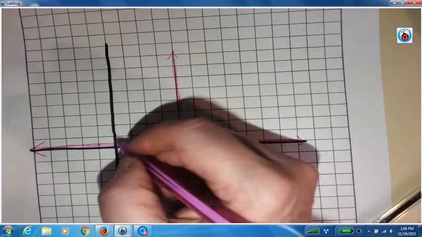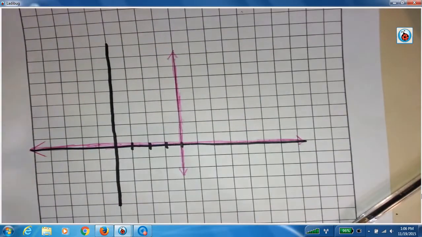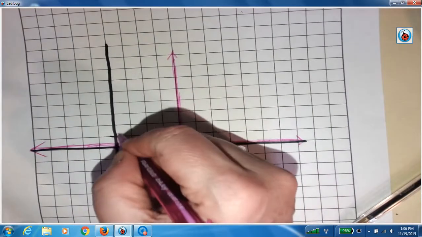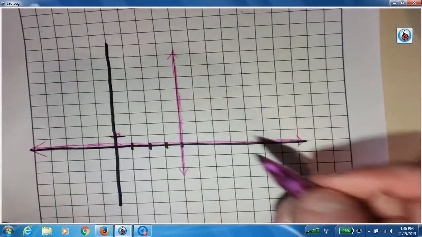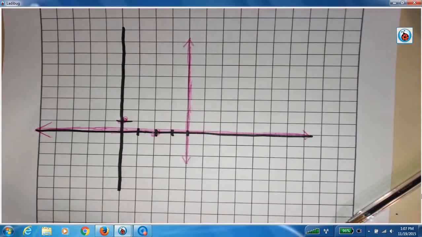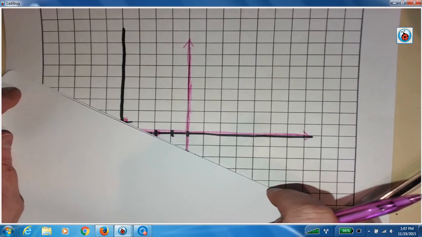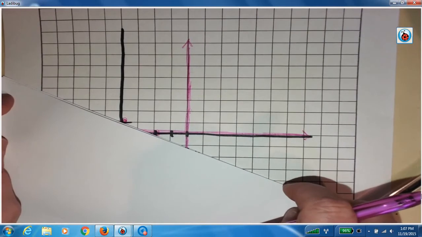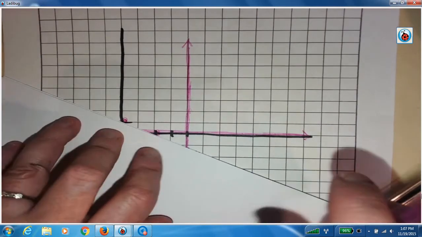So if I have 2 points, I can draw the line. I just need a ruler or some kind of straight edge where I can connect those 2 points and then draw the line through it.